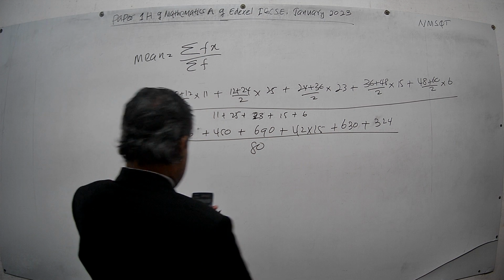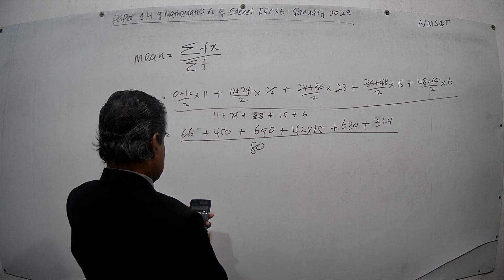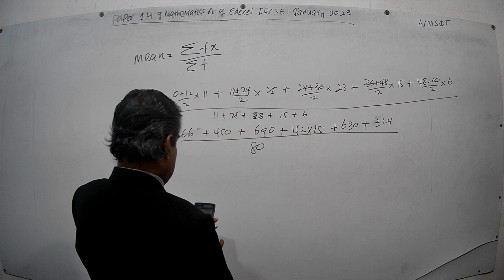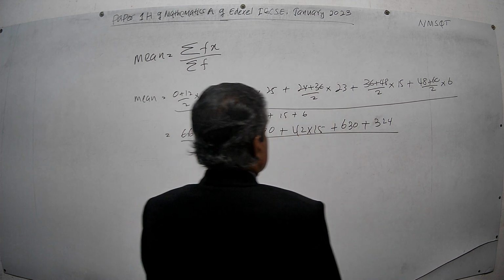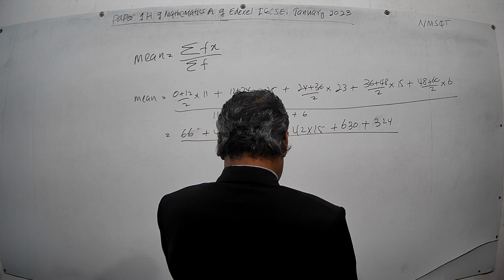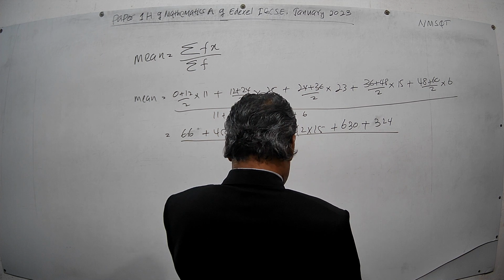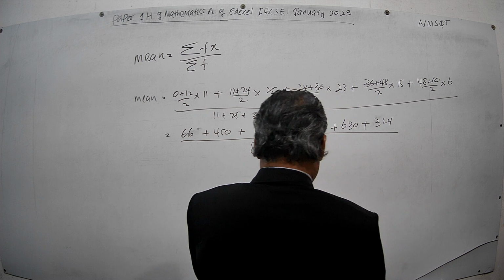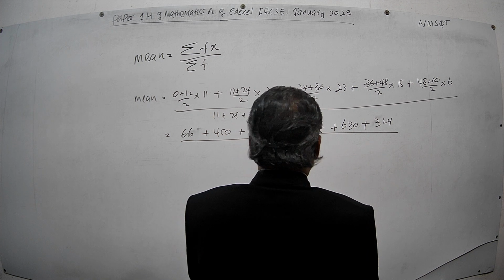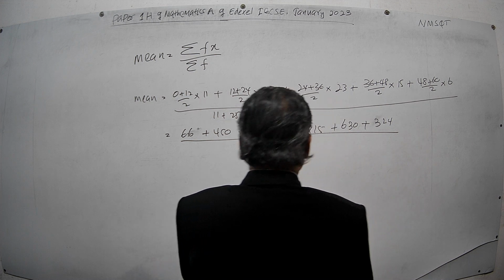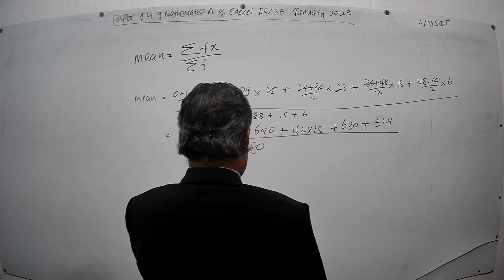66 plus 450 plus, then 690 plus 690 plus 630 plus 324 plus 50. 2,790.